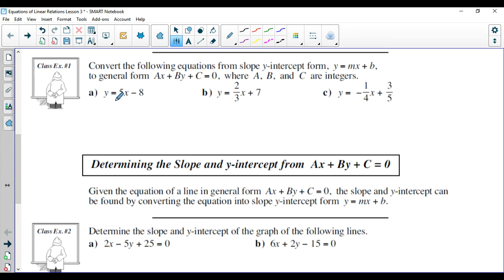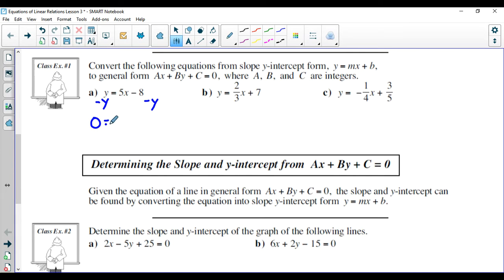Okay, so this first one, y equals 5x minus 8. I want to collect all the terms onto the same side of the equation. The x term is positive, so we're going to leave that x term on this side of the equation. So I'm going to subtract y from both sides to get everything on the same side.